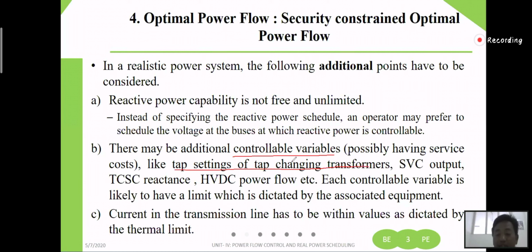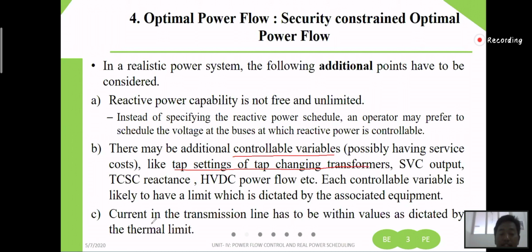When you install them, you need to pay, and some operator has to come and perform the operation, so we have to pay. So this also has to be included in your cost. Each controllable variable is likely to have a limit dictated by the equipment, so depending upon the equipment, it will have its own limit.